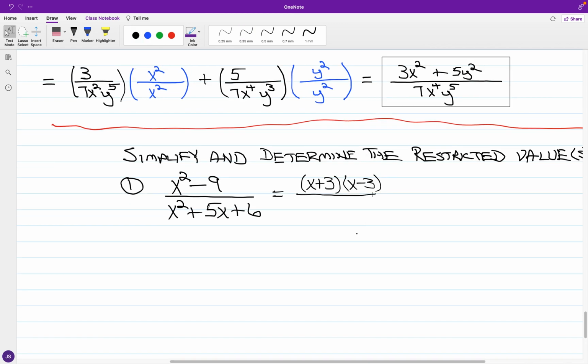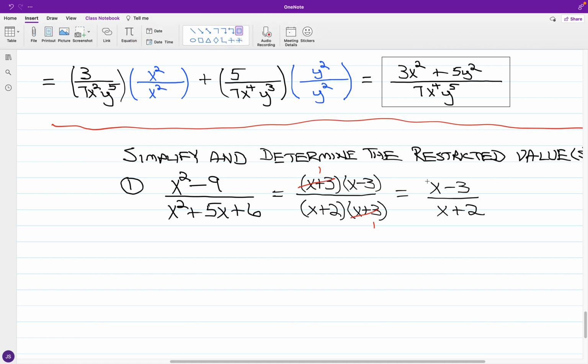And for x squared plus 5x plus 6, so the binomial factors, we will have an x plus 2 and x plus 3. So we have x plus 3 in common. And just for the simplified form, we have the reduction to x minus 3 all over x plus 2.